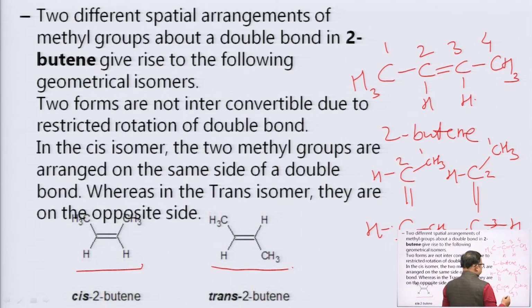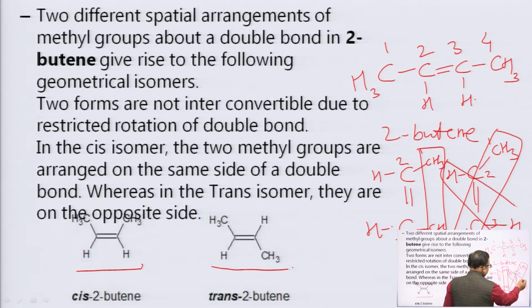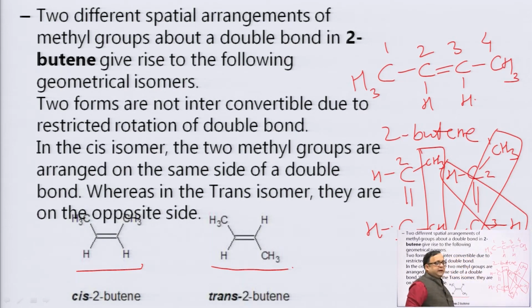See, in this case, these two methyl groups are present on the same side, and these two methyl groups are present on the opposite side. So, this is making an X-like structure. So, by having two different arrangements, 2-butene exists as cis and as trans 2-butene.